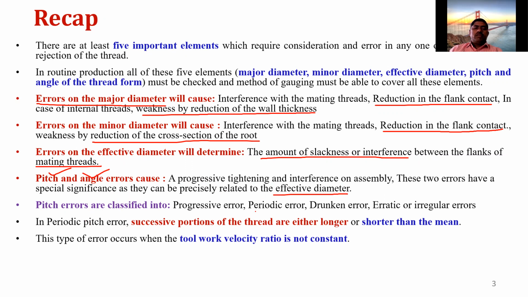The pitch errors are classified into progressive pitch error, periodic pitch error, drunken error, and erratic or irregular errors. In the periodic pitch error, the successive portions of the thread are either longer or shorter than the mean. This type of error occurs when the tool work velocity ratio is not maintained constant. So we have seen the varieties of pitch errors in the last class.